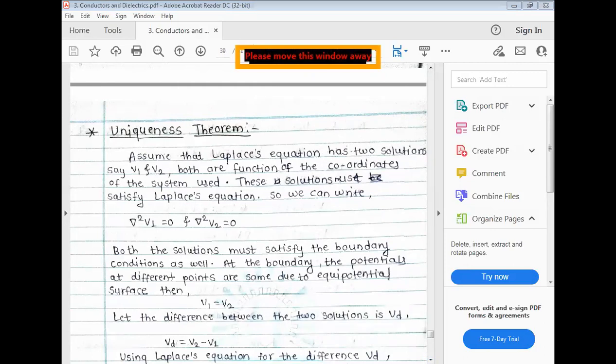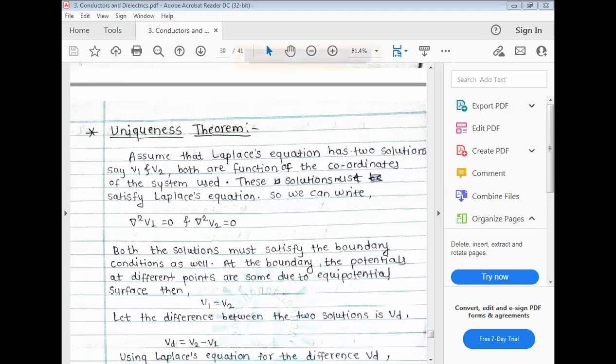Now the last point of this chapter is the uniqueness theorem. Uniqueness theorem means we are checking whether we are getting a single, unique solution or not.